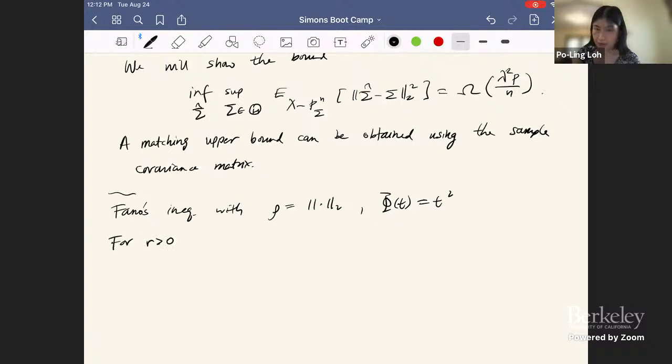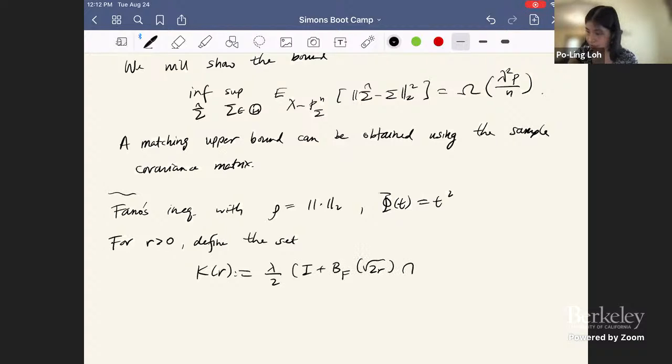So for r greater than 0, define the set K of r equal to lambda over 2 times (I plus B_F of sqrt(2r)) intersect B_2 of 1/2, intersect S_p. Let me just write out the expression and I'll tell you what these notations mean. B_F is the Frobenius norm ball, and B_2 is, of course, the spectral norm ball around 0.